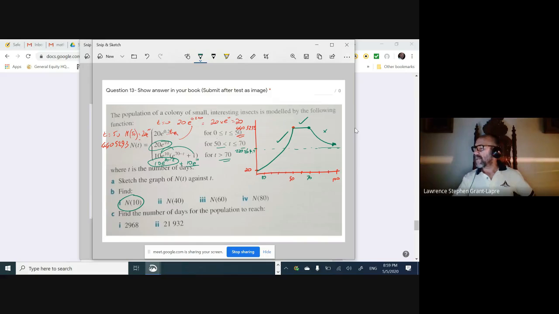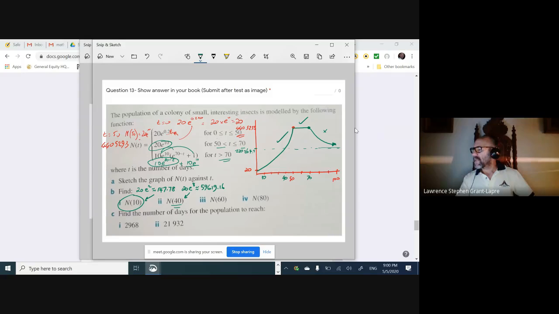Find n of 10. N of 10 is using 20e to the power of 0.2 times 10, and this one is about 147.78. Now, 40 is again the first one, so it's 20e to the power of 0.2 times 40, and that becomes about 59,619.16 for that one.